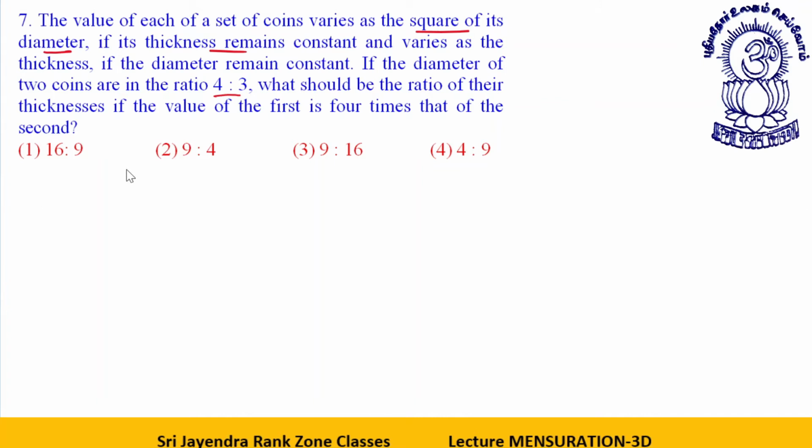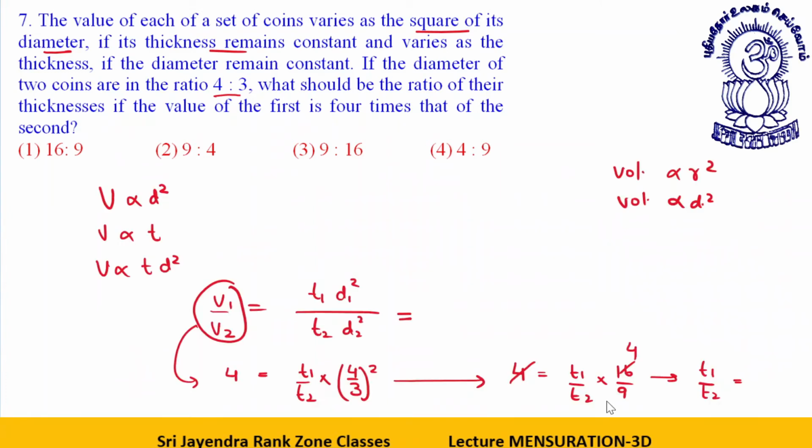This implies 4 is equal to T1 by T2 into 16 by 9. From here I can say T1 by T2 is equal to 4 cancel with 16 to give you a 4. So T1 by T2 becomes like this: 9 comes over here and this 4 comes over here. 9 by 4, option 2 is your answer. Clear to all? Okay.